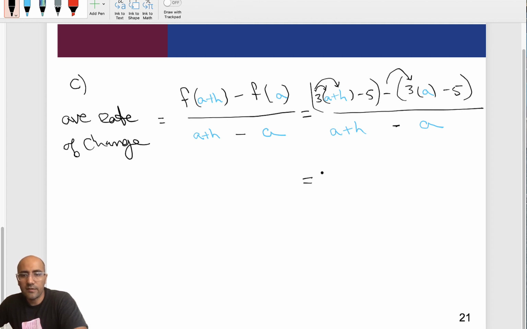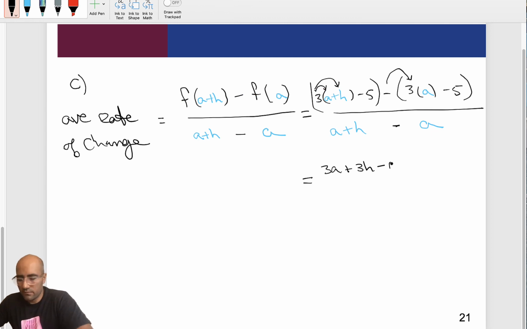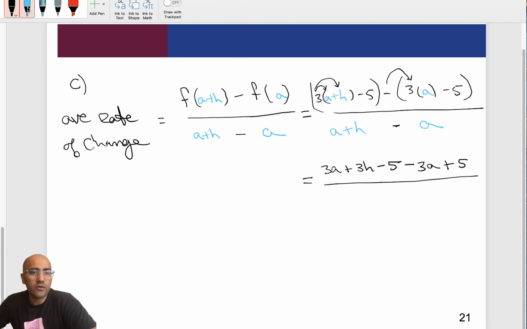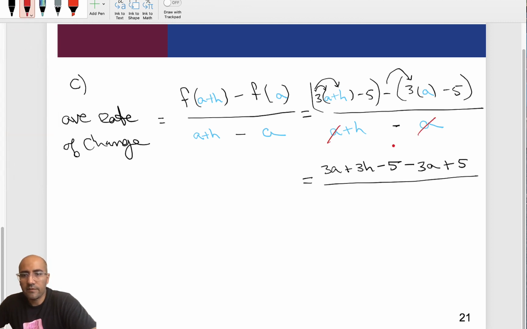So this simplifies to be 3a plus 3h minus 5 minus 3a plus 5 all over this, and then these two terms cancel. This one cancels with that one. Good.